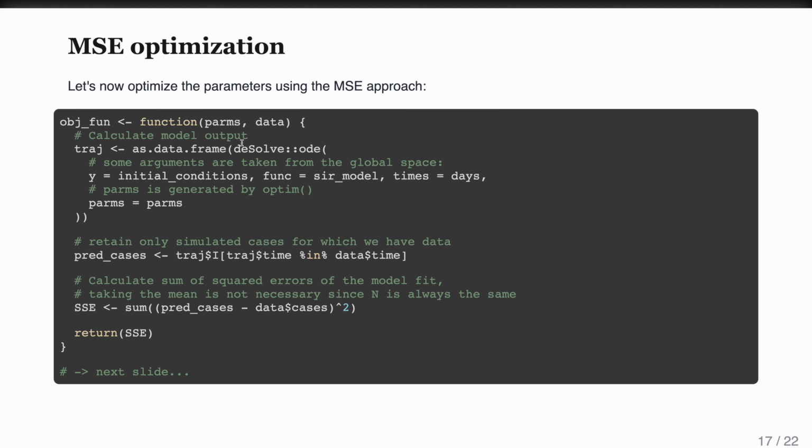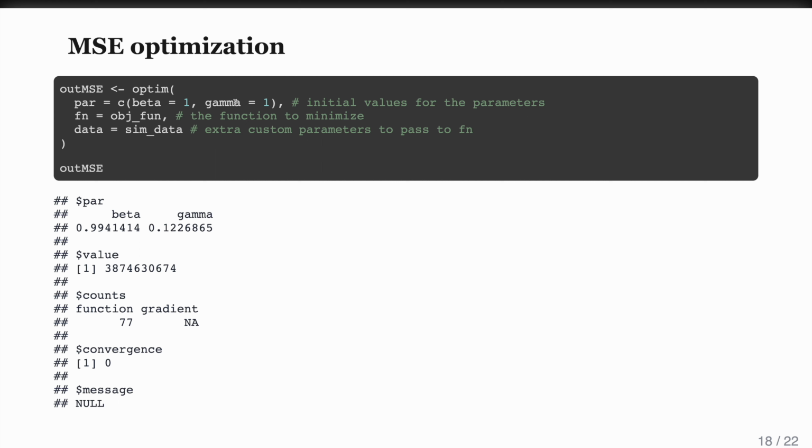It's a way to understand if the problem was easy or hard to solve. If the number of function evaluations is low, it means that either our initial values are very good or the functional landscape is very simple. In this case, it's convex, so Optim didn't have any problem finding the best point.